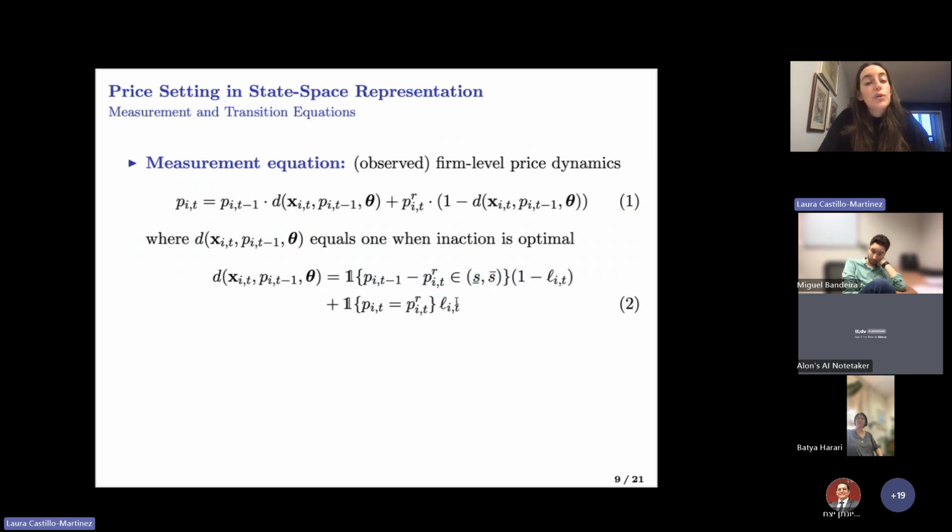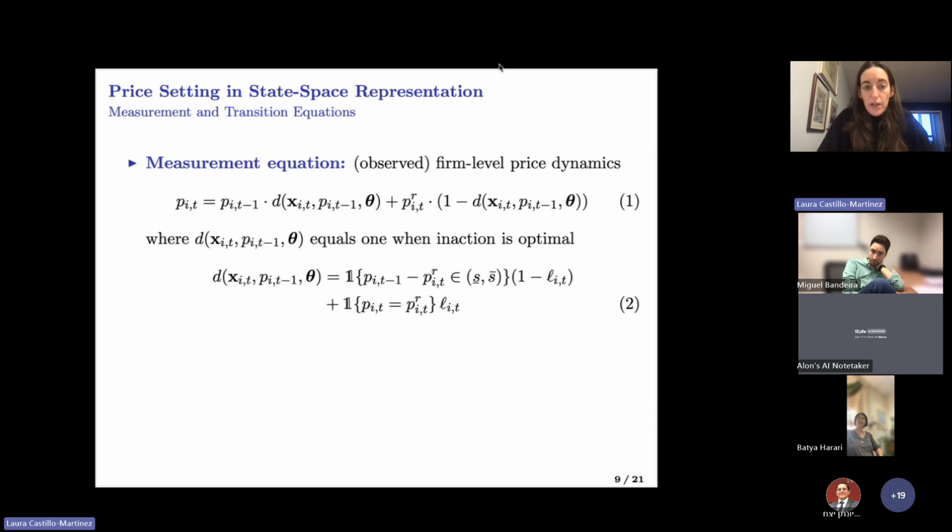And assuming that I do get a free adjustment opportunity, there's still a chance that I choose not to adjust. That's the case when my price is actually where I would like to be. This is going to be mass of 0 when we take it to the data, but this is just for completeness. There is a special case where you might receive this free adjustment opportunity and you might want to give it up because you're exactly at the point where you want to be, and therefore it doesn't make any sense.